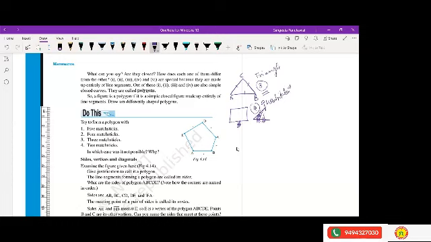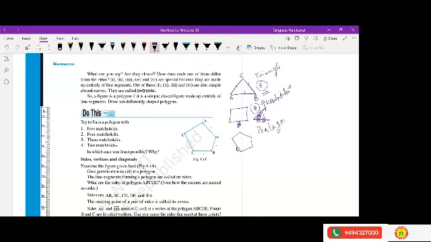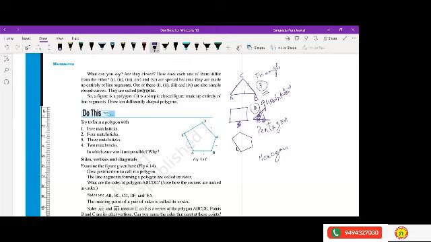If you have 5 sides, like this shape, it is a pentagon. If you have 6 sides, that is a hexagon. If you have 7 sides, that's a heptagon. If you have 8 sides, then an octagon. And so on, depending on the number of sides, you can have so many polygons.